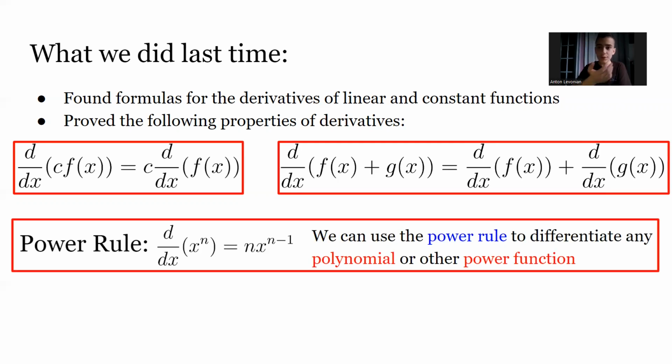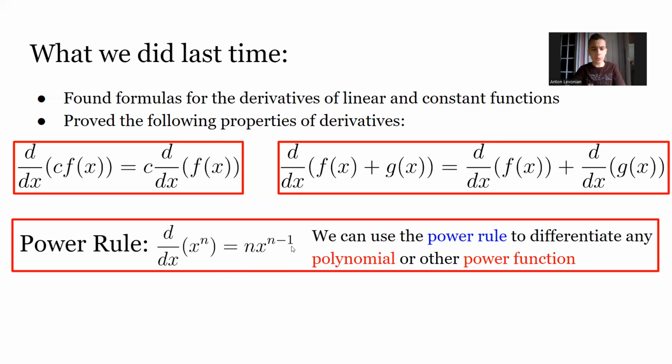And then we also used the definition of a derivative, using the limit, to prove the power rule. This power rule states that if you have a function x raised to any power, whether it be 2, -pi, e, 100, whatever, and we take the derivative of x raised to that power, the pattern is you bring the exponent down as a coefficient in front of the x to the n, and then you subtract 1 in the resulting exponent.